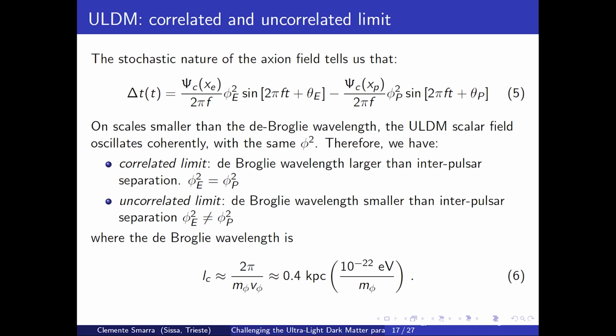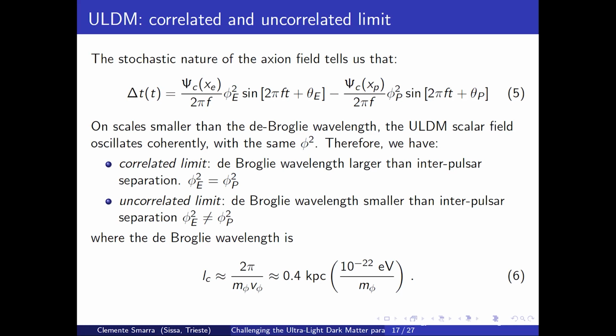That means that the phi square at the Earth is the same as the phi square at the pulsar. Or you have the uncorrelated limit, in which the de Broglie wavelength is smaller than the interpulsar separation. So these two coefficients will be different at the Earth and at the pulsar.